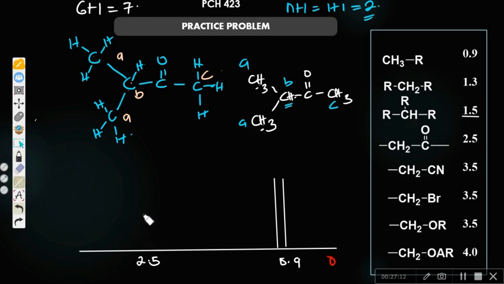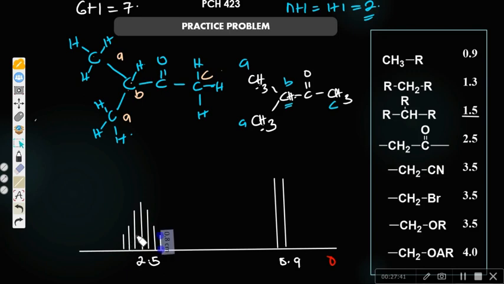And I told you that when we are having 7 signals, you are going to have a septet. Now, the signal will not be that big. Why? Because it's just 1 hydrogen present there. So you are going to have something like this. Then you are going to have another one, and then lastly, making it 7.